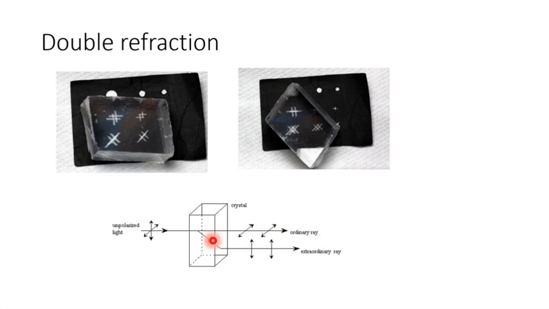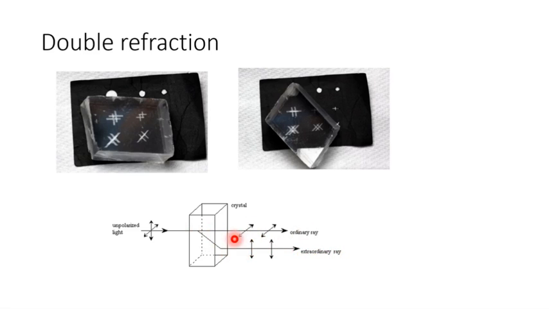This depends upon the angle of incidence. For now, you can just understand that an unpolarized light falls on this material, and you have one ray coming out in this direction, which is the ordinary ray, and the other ray coming out in this direction, which is your extraordinary ray.